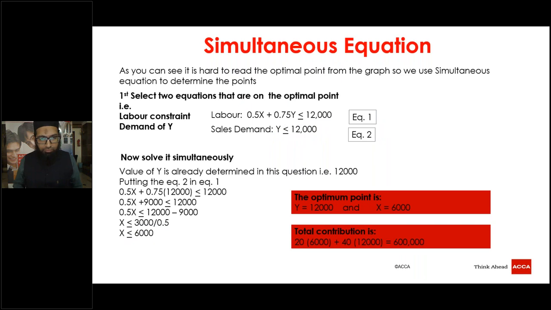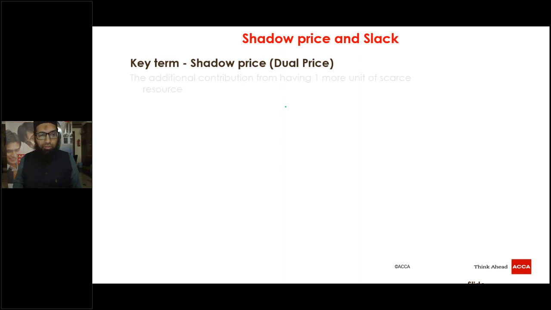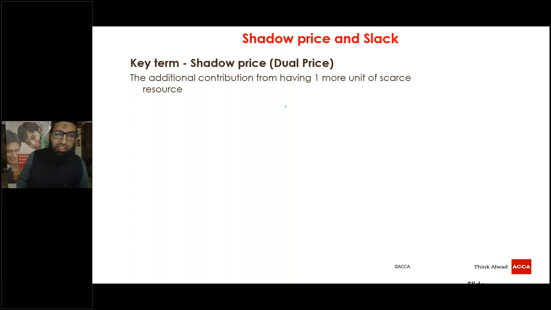Now, let's move on. The other topic in this is shadow price and slack. The other name for shadow price is dual price. Shadow price is the additional contribution from having one more unit of scarce resource. It is how much contribution I will earn if I have one additional resource.